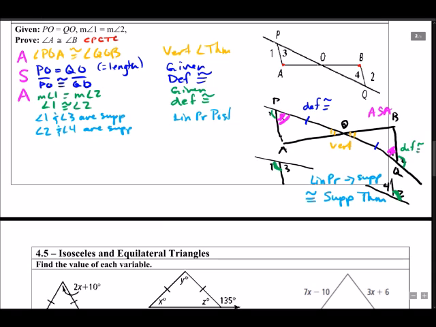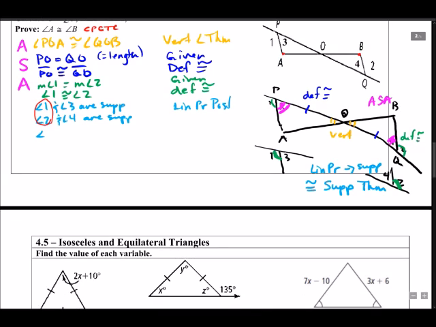Okay, so I've got those supplementary, that angle 1 and angle 4 are supplementary by the transitive property. No, that's not a transitive. That's more of a substitution. We'll call that a substitution. I wouldn't grade you off if you said transitive.